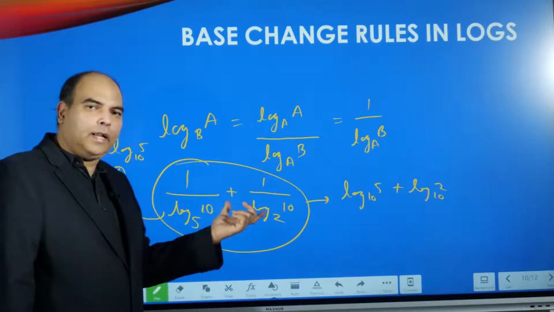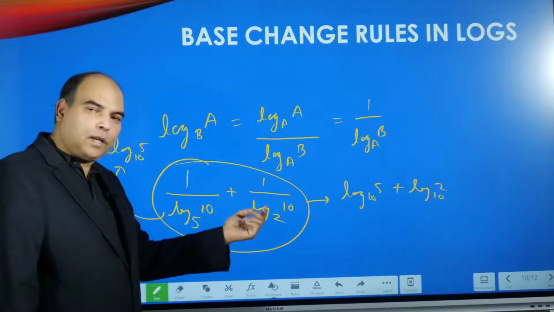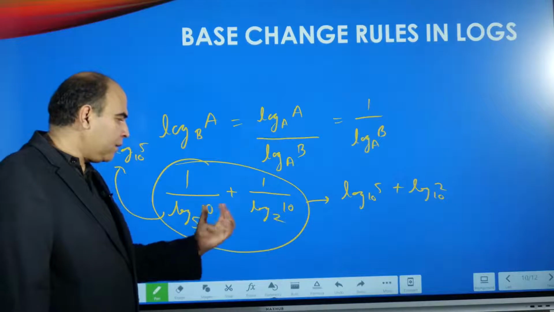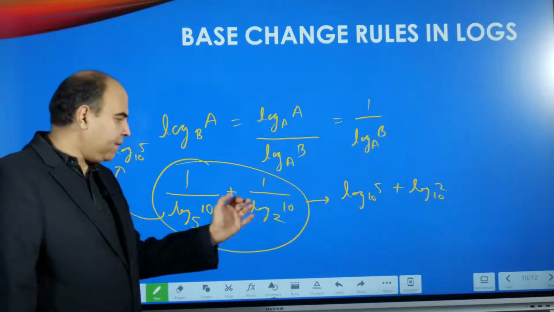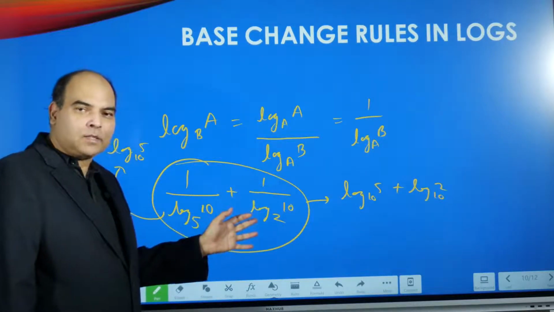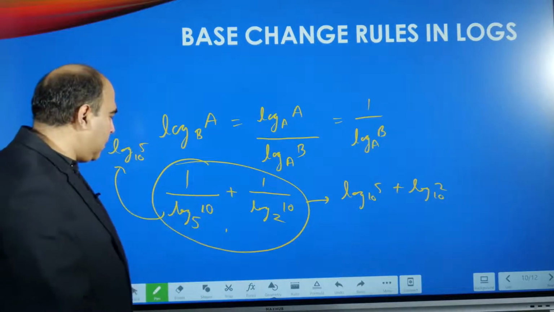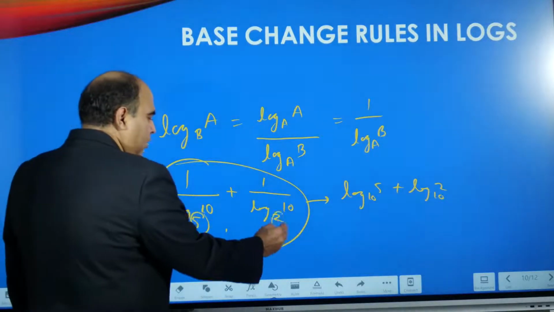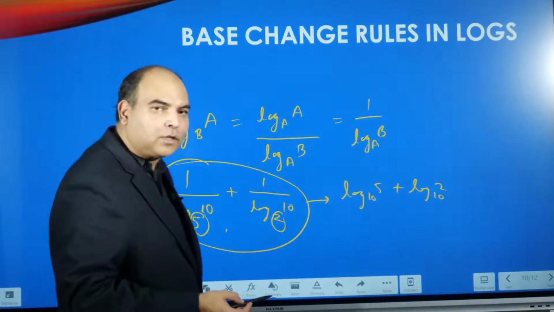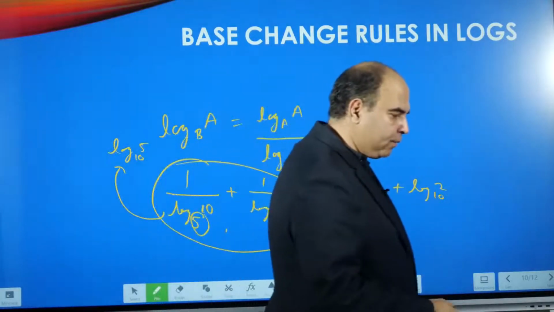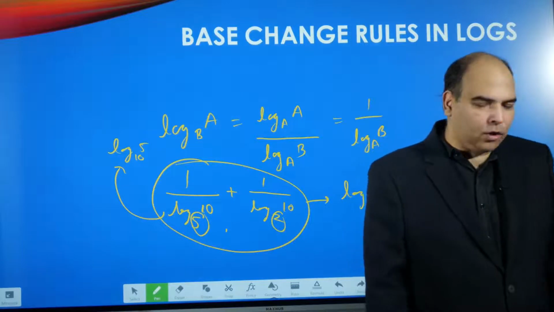So CAT 2018 had a question like this, where there are 5 values, everything log 10 to some different base, like 2, 3, 4, 5, 20. All you have to do is multiply these bases and put them on a base of log 10 and get the value when you put them in the numerator.